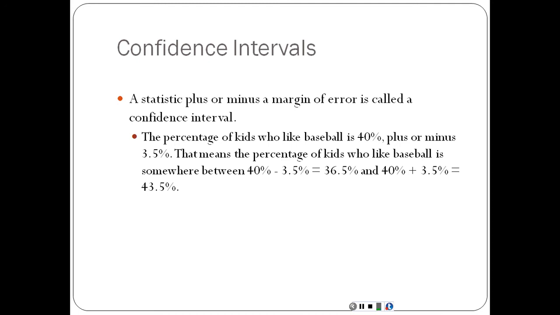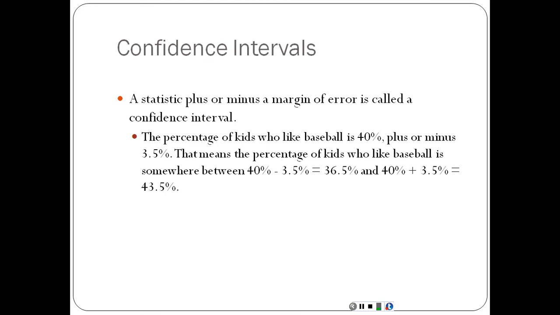That means the percentage is somewhere between 40% minus 3.5%, which would be 36.5%, and 40% plus 3.5%, which would be 43.5%. So the lower end of the interval is your statistic minus the margin of error, and the upper end is your statistic plus the margin of error.